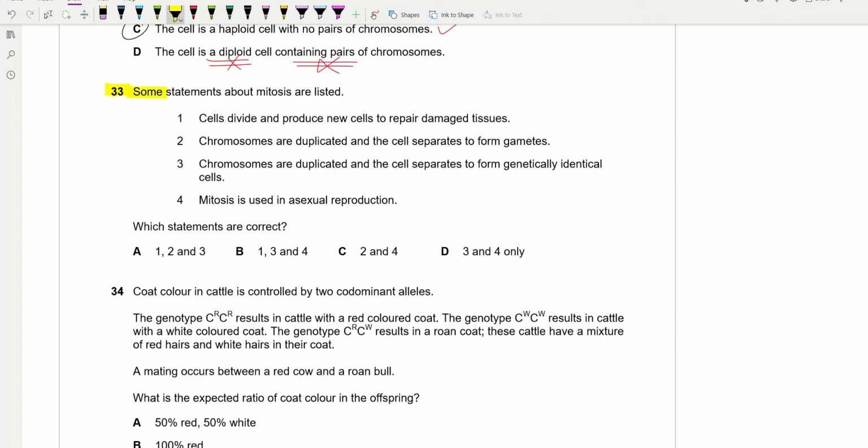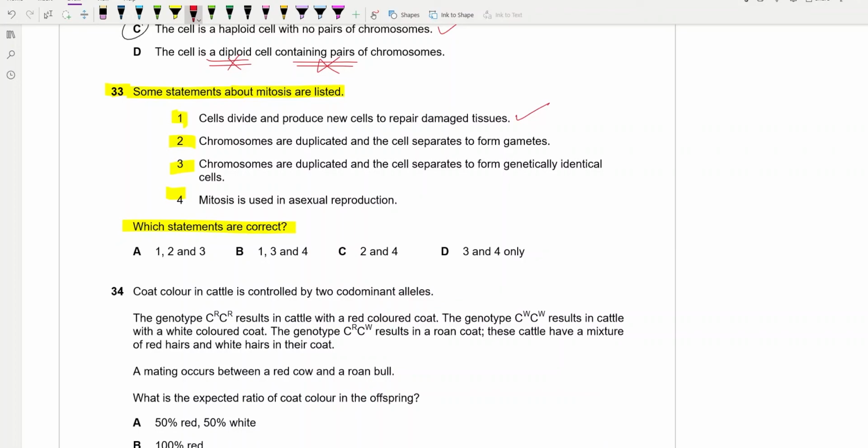Question number 33. Some statements about mitosis are listed. Statements 1, 2, 3, and 4. Which statements are correct? Statement 1 says cells divide and produce new cells to repair damaged tissues, which is correct.